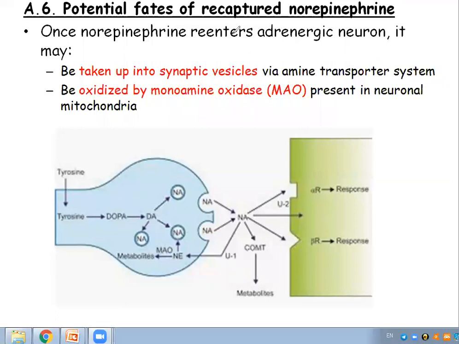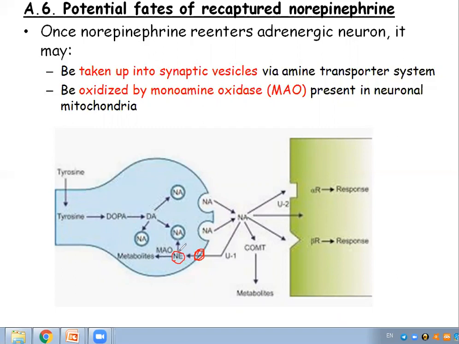And finally, regarding the other potential fates of the recaptured norepinephrine: if the norepinephrine is reuptaken by the NET transporter present here, what happens to the norepinephrine that enters the presynaptic neuron? There are two possibilities.